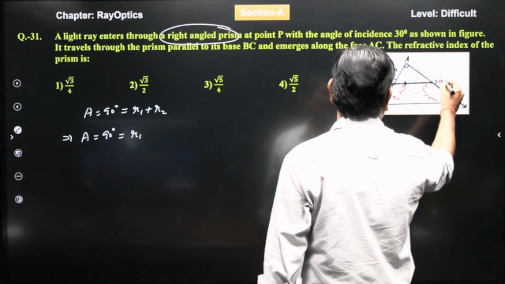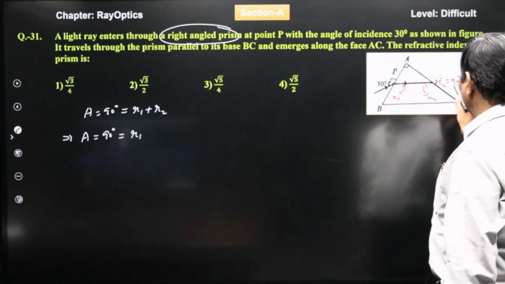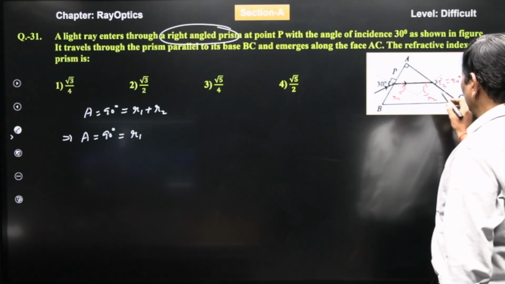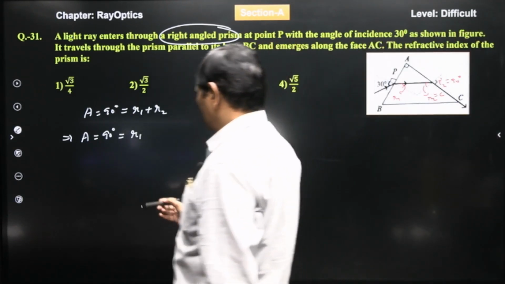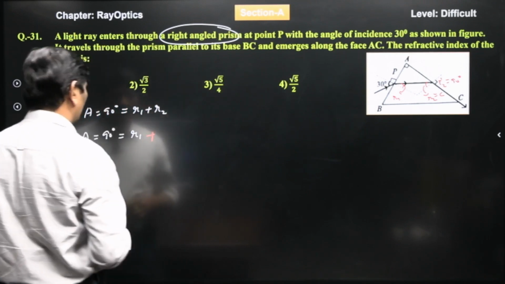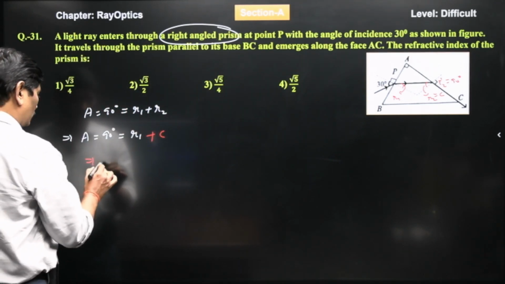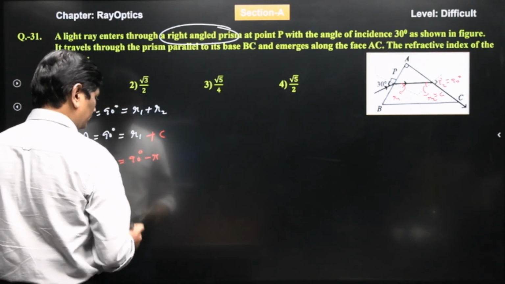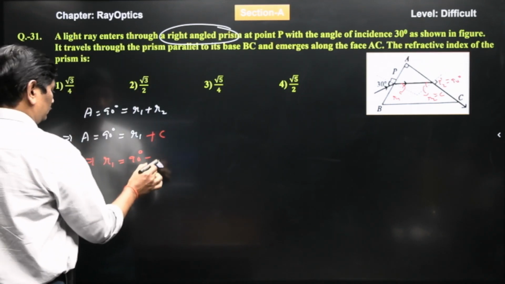This is I2, I2 is 90 degrees. For 90 degrees I2 at the second surface for grazing emergence, the angle of incidence in the denser medium must be equal to C, R2 must be equal to C. So, what I write here, R1 plus C, so that R1 is equal to 90 minus C.